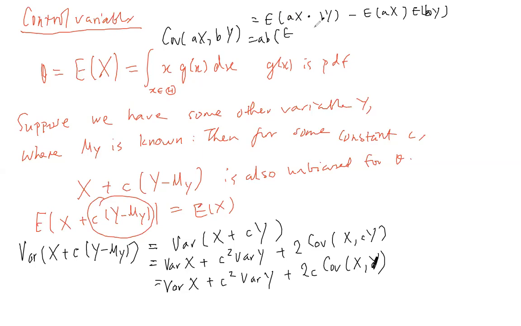So that will be ab times (the expectation of XY minus the expectation of X times the expectation of Y). So that will be ab times the covariance of XY, okay? So when you have a constant multiplier for the random variable, you can take out the constant just like this, okay? Right, so you have this.